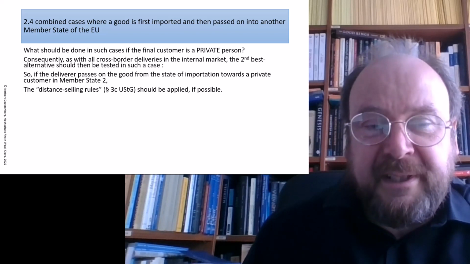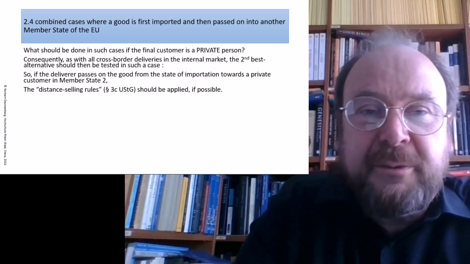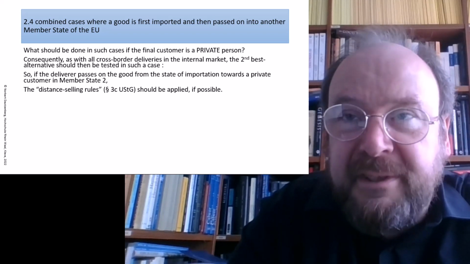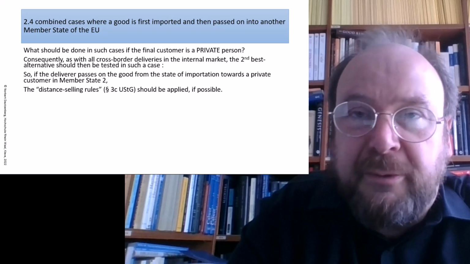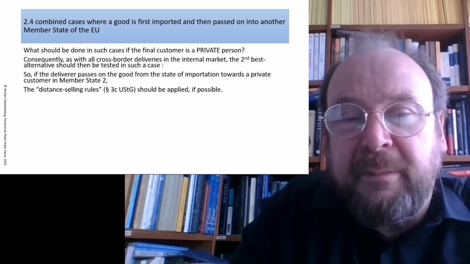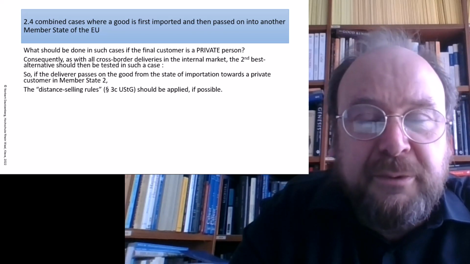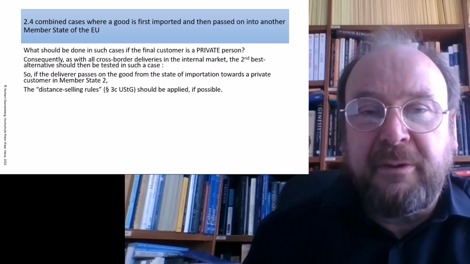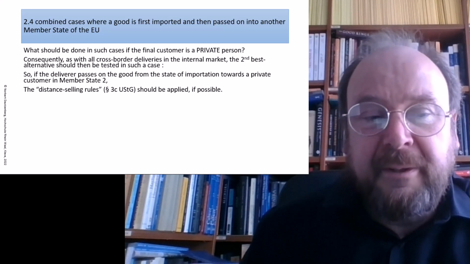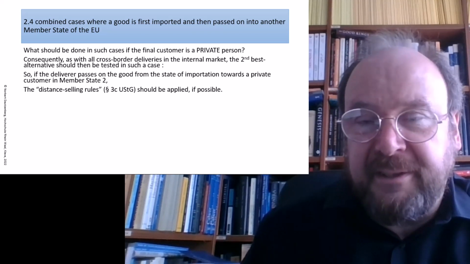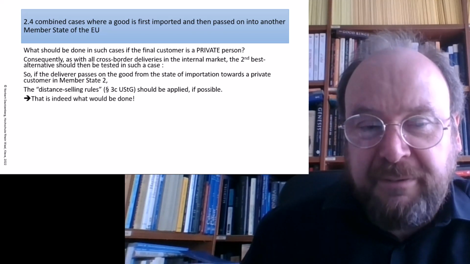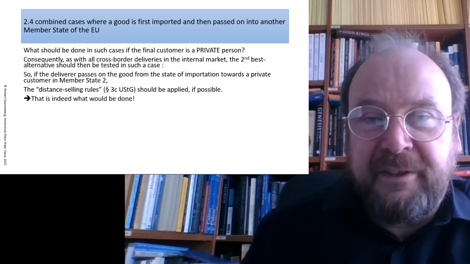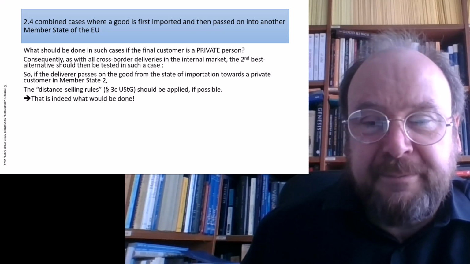Now the distance selling rules apply because you as an entrepreneur send a good from member state 1, although you just imported it. You send a good now from member state 1 to member state 2 to a private person. In that case, if you are not below the delivery thresholds, then the distance selling rules apply and shift the place of delivery to the final destination where your private customer lives.